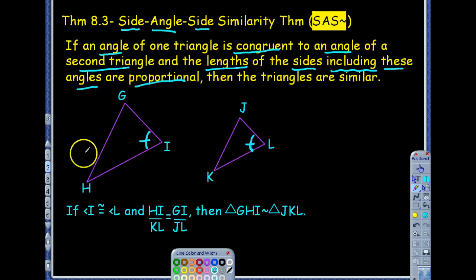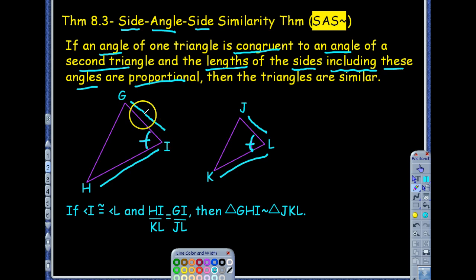So here, instead of needing all three sets of sides proportional in the same ratios with the other triangle, I'm only looking at two sets. Okay? And they have to be the two sides that are including this angle. Hence the side-angle-side idea. So I want to make sure that it's GI and IH. These sides are going to be in ratios with JL and KL to be able to talk about these pieces being proportional.